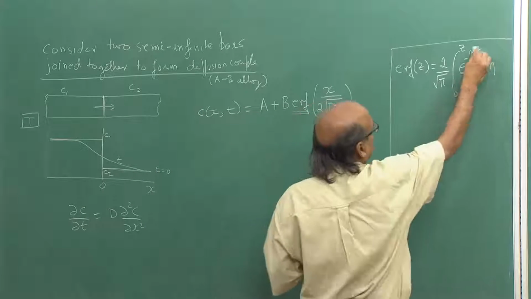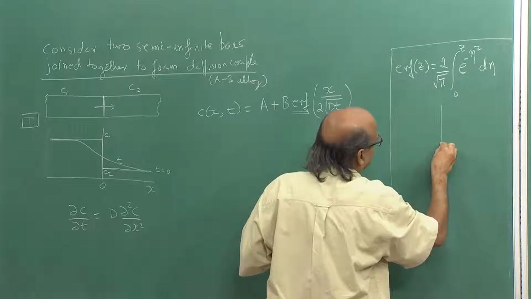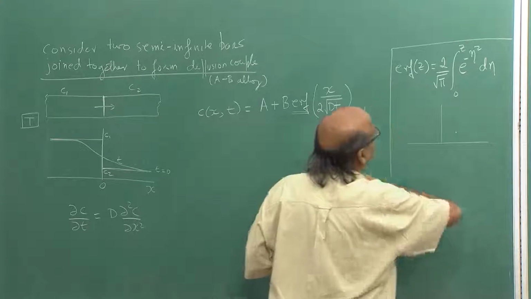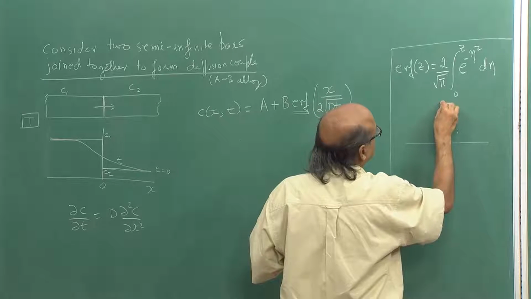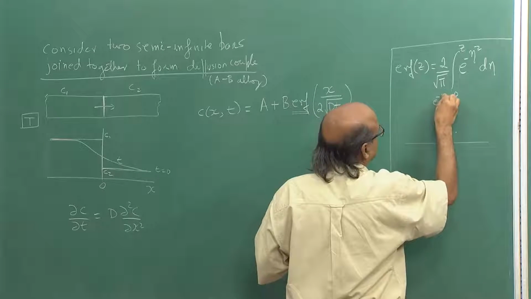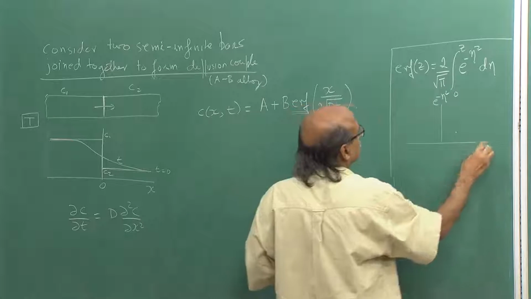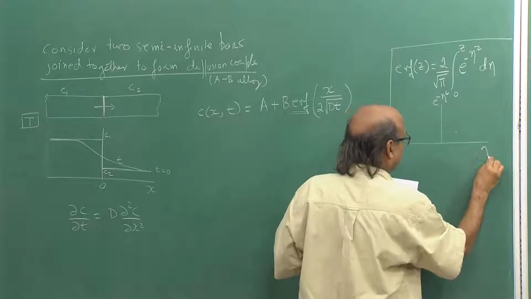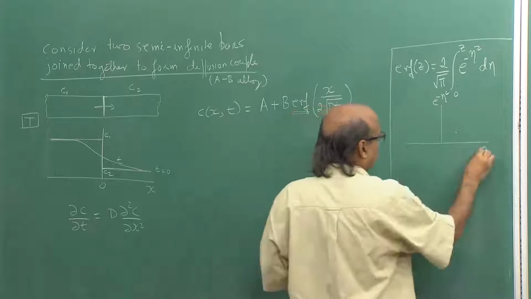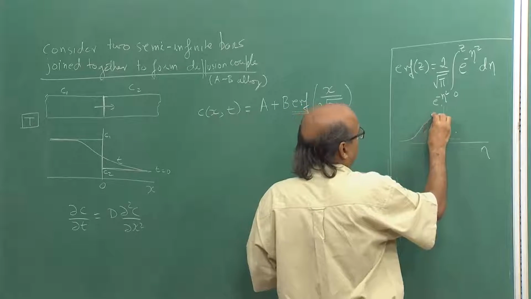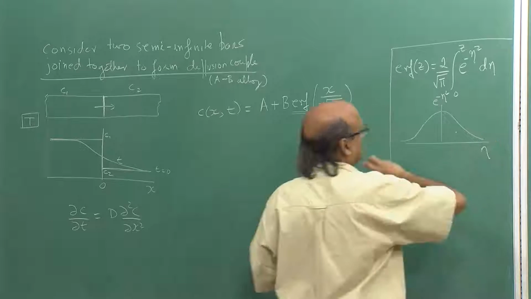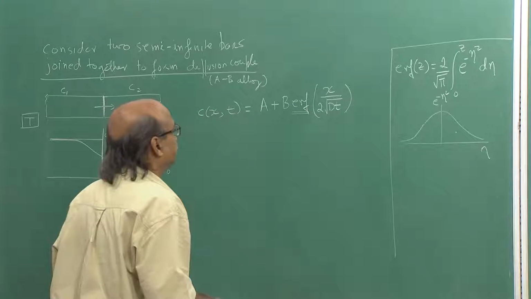If I plot this function, e to the power minus eta square, versus eta here, then this is the shape of the function.